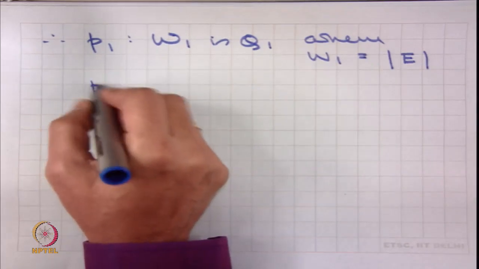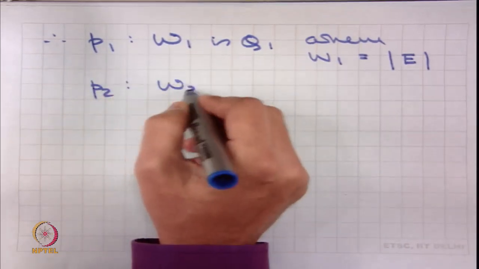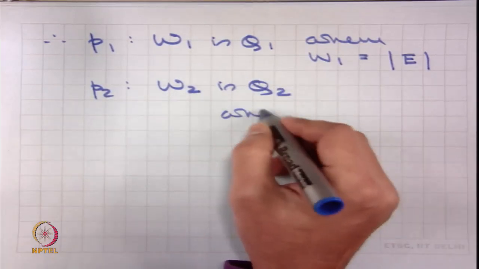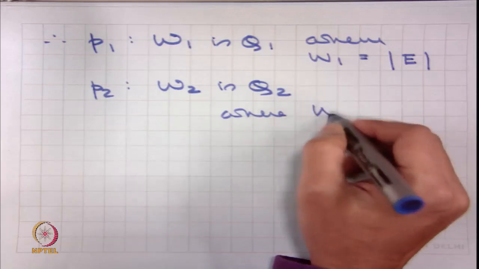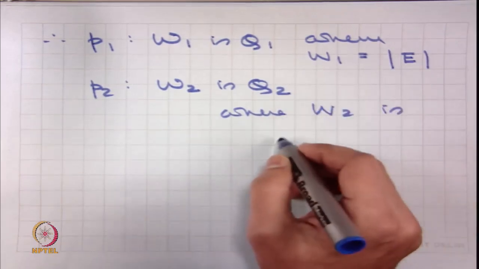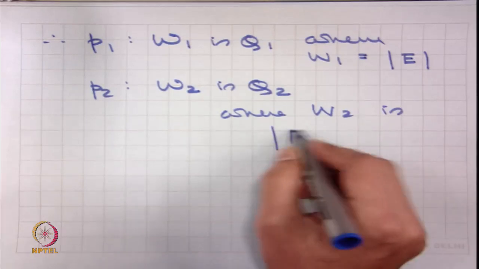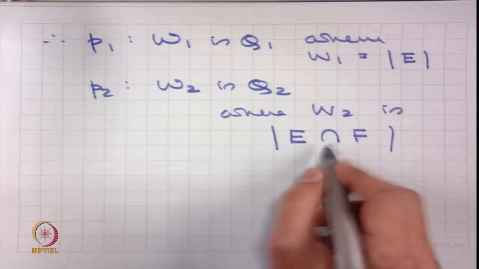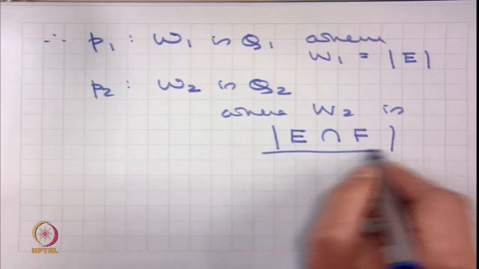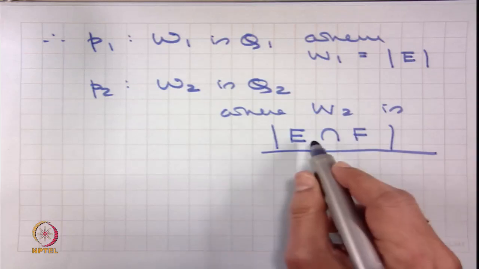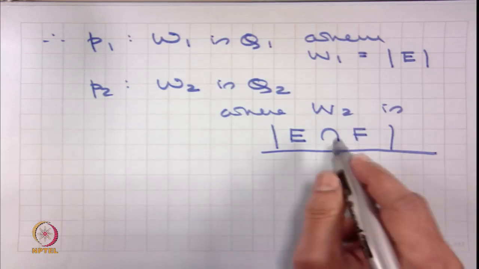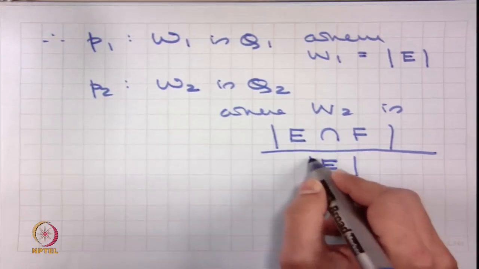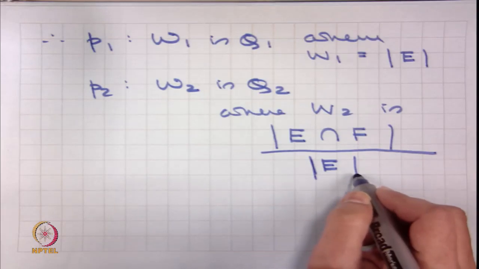And P2: W2 is Q2, where W2 is the proportion, cardinality of E intersected with F, the number of rainy days and traffic jam days, assuming traffic jam is caused only by rainy days, divided by the cardinality of the rainy days.